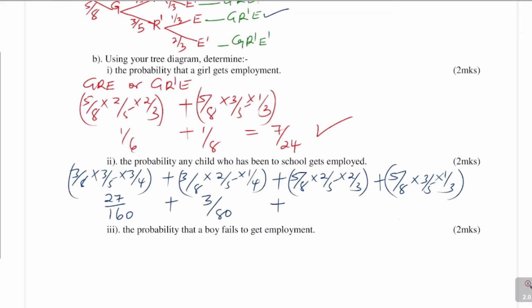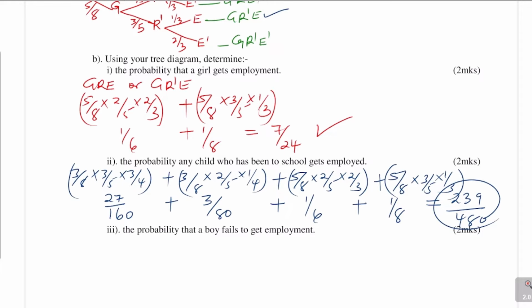Then the other one, 5/8 times 2/5 times 2/3, gives 1/6. And then 5/8 times 3/5 times 1/3 is 1/8. When you add 27/160 plus 3/80 plus 1/6 plus 1/8, this will give 239 divided by 480 in simplified form.